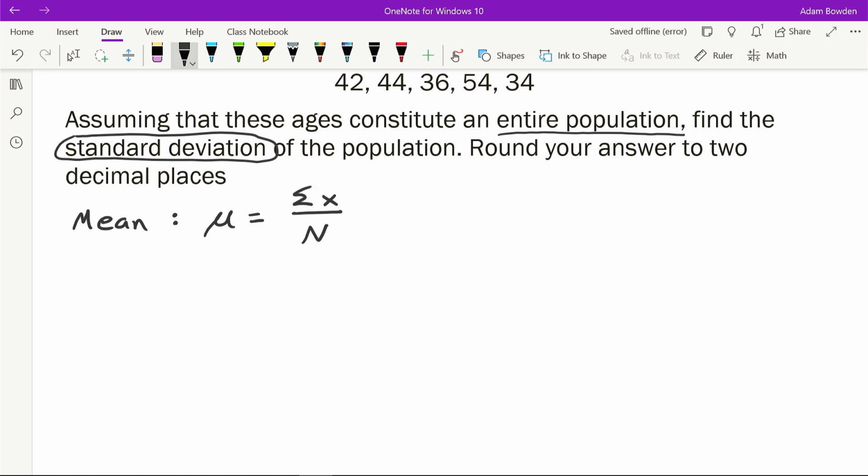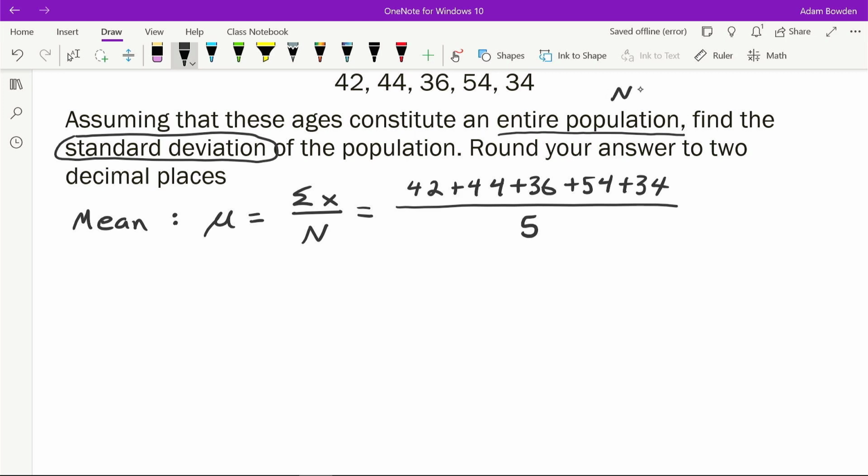And this was the formula from the previous section that was mentioned. Sigma x divided by capital N. Again, it's just a way of saying take the sum of all the numbers divided by the number of values. And there are 5 values here total. So we'd say capital letter N is equal to 5, if you want to think of it that way also. So we come out with a mean equal to 42 in this case.